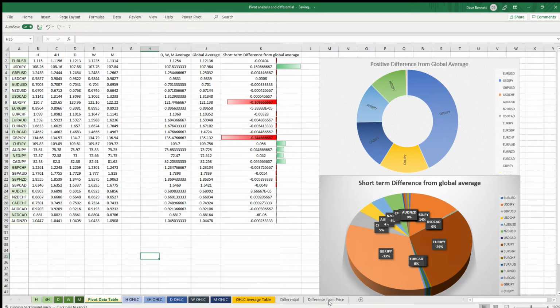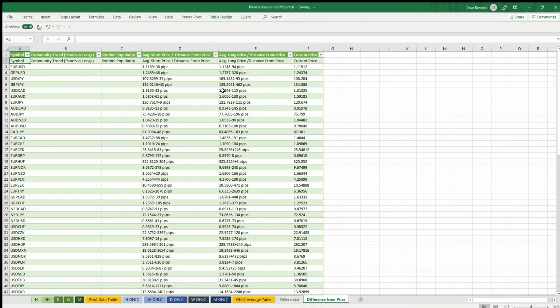And another thing is this, which is from my Fixbook, and that tells us where the retail bears distance from price and the retail bulls distance from price. Now the pound dollar, they're 320 pips away, so their stops are massive, and they're going to be punished for that. If you look at the ratio for the pound dollar, so it tells us that, well, they're not using risk management, so they're going to be punished.